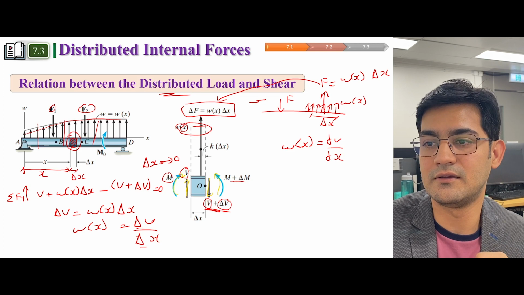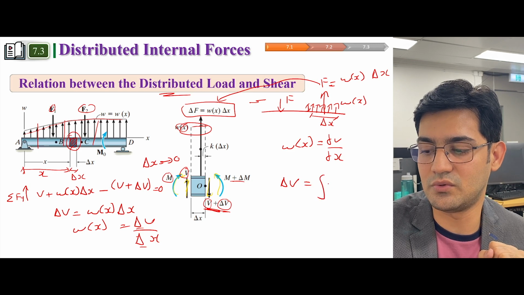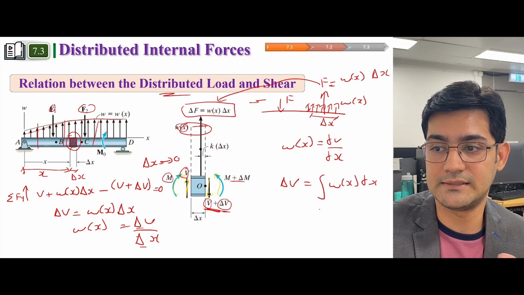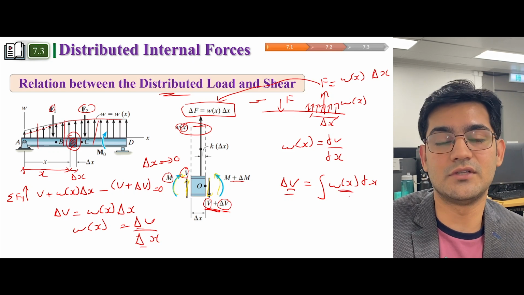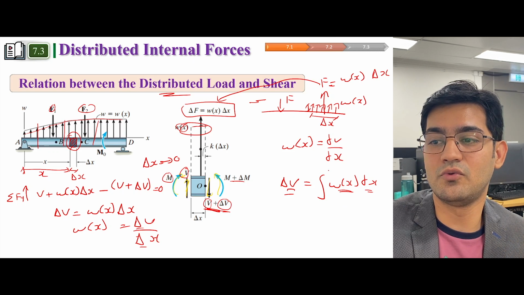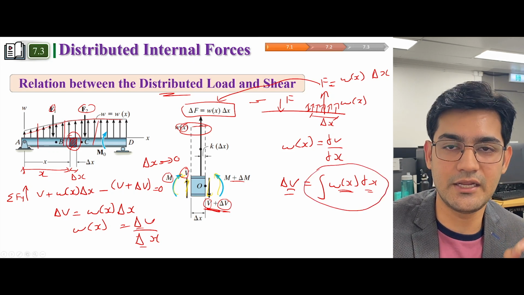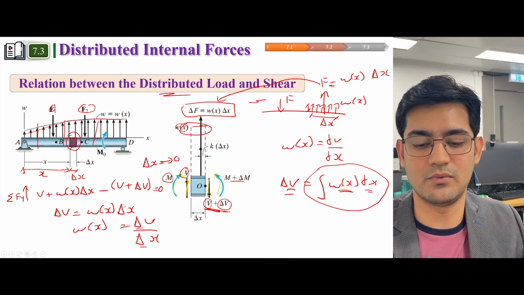And if we integrate this, we can calculate the change in shear, which is equal to the integral of Wx dx. What I mean by this is that you can calculate shear if you have the loading condition and you know the distance between them. If you take an integral of loadings, then that integral of loading is called shear. Once we do the example, it will become more clear.